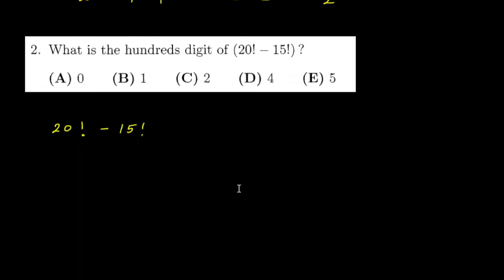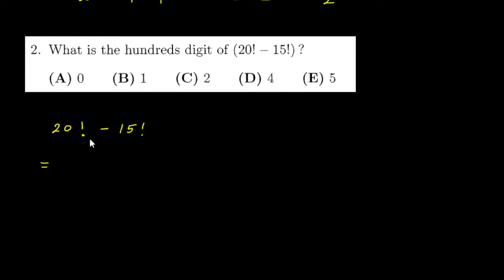Okay, now let us try. What is the 100th digit of 20 factorial? Now if we analyze this, 20 factorial means 20 times 19 times 18 times 17 and so on.